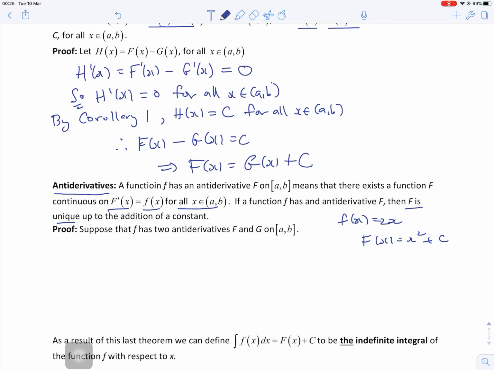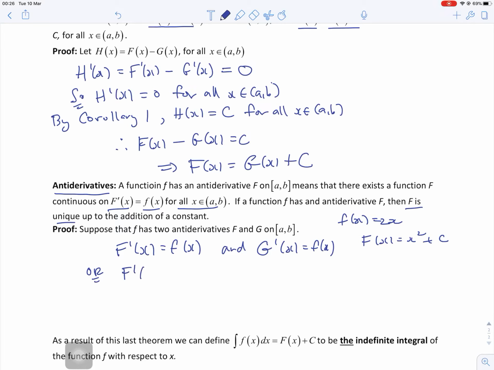Okay? In order to prove this little result here, it seems kind of obvious, but we can give it a bit of a proof. We'll just say that if you had two antiderivatives F and G, that would mean that big F prime was little f, and big G prime was little f.